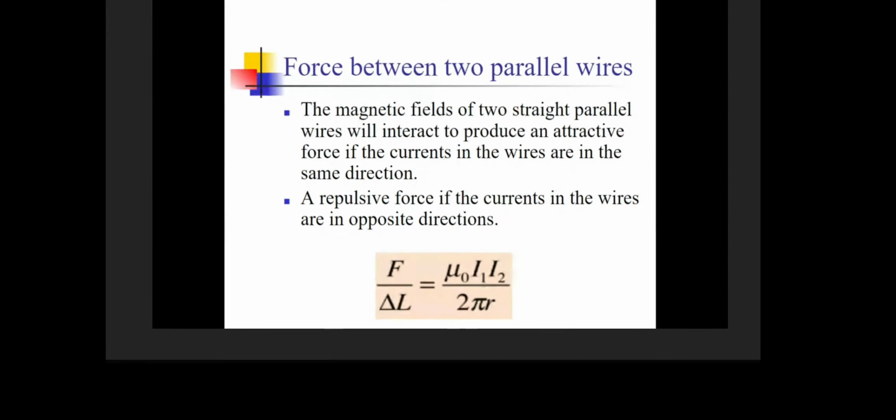If the current in both wires is going in the same direction, that gives us an attractive force, so both wires will be attracted to each other. And if it's a repulsive force, then one current is going one direction and the next current is going the opposite direction, so they push each other away. We get that.